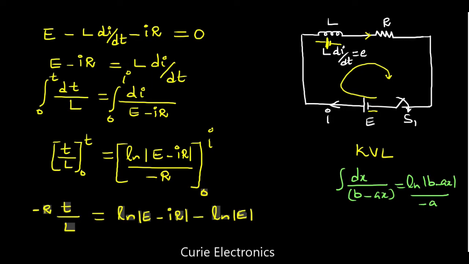Now let's go to the next page. Okay, this 0 also has come with me. Let's take it out. Now we will use the property of logarithm.